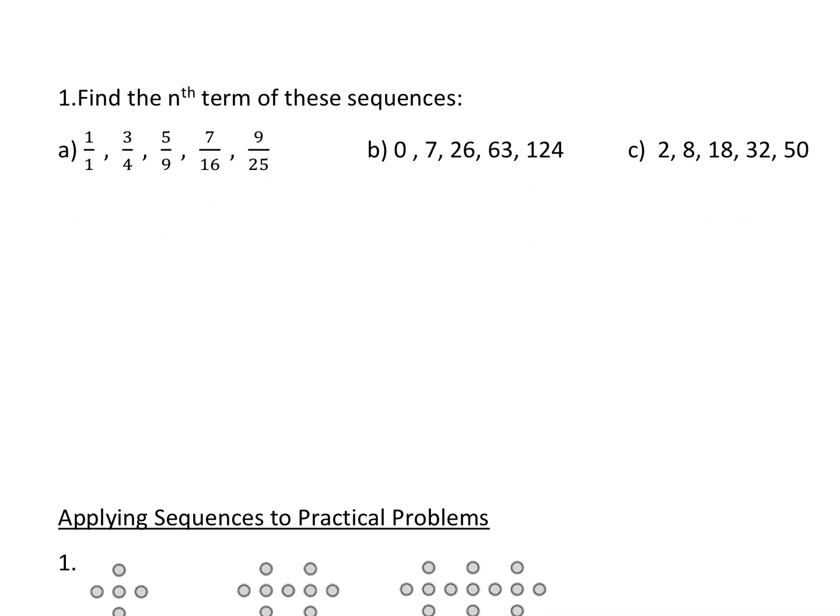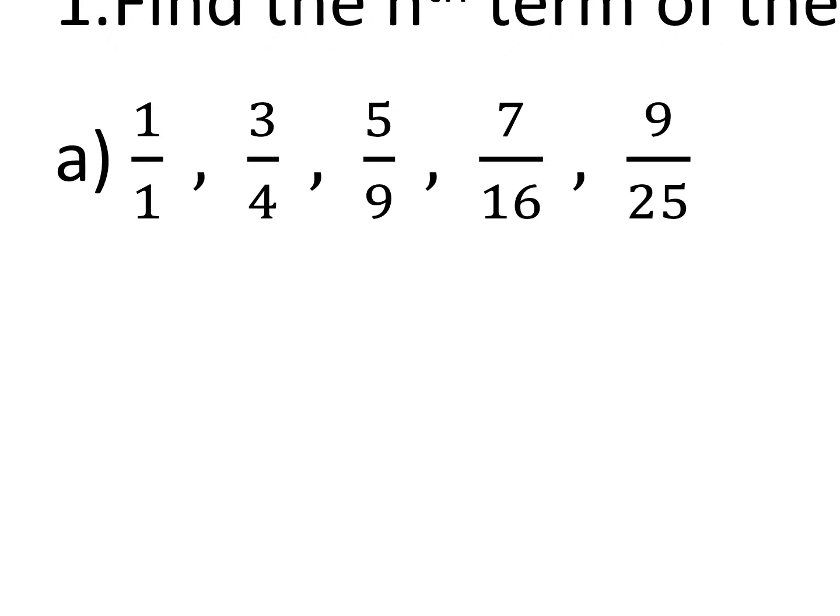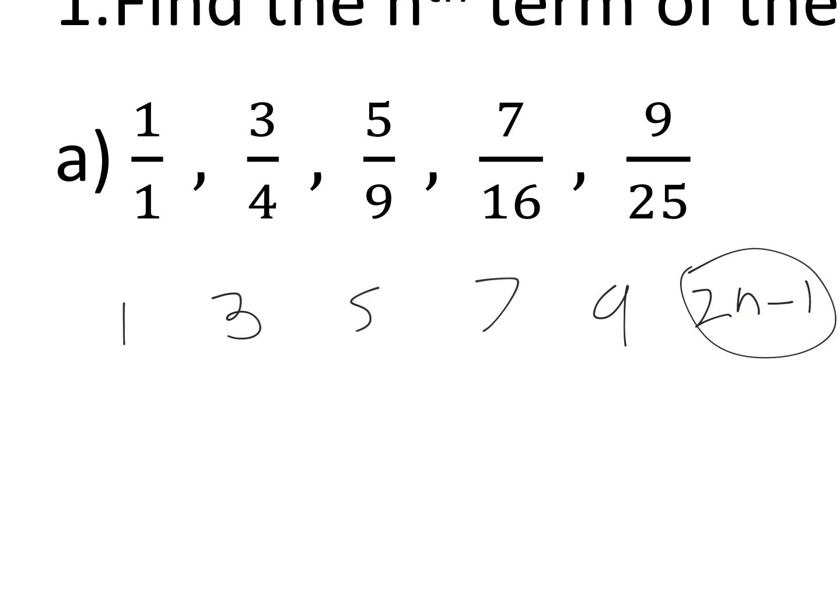So we've got to find the nth term of these sequences. Now taking these as actual numbers will be very difficult to find the nth term of, but what we can do is break up the problem and consider the numerator as one sequence and the denominator as another sequence. So here we have 1, 3, 5, 7, 9 on the numerator. That's going up in 2's like the 2 times tables, but it's 1 less than that. It's the odd numbers effectively. So it's 2n minus 1 on the numerator.